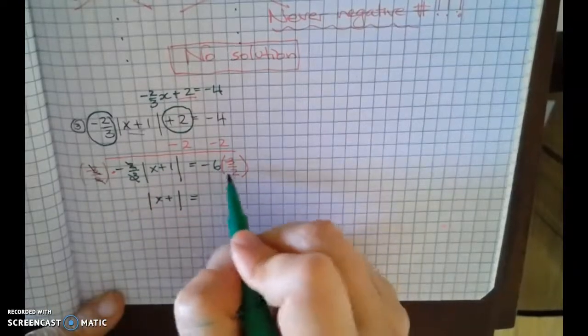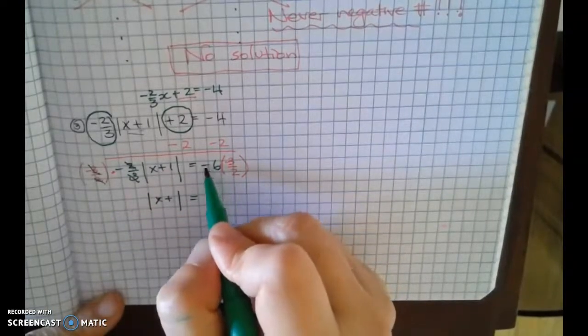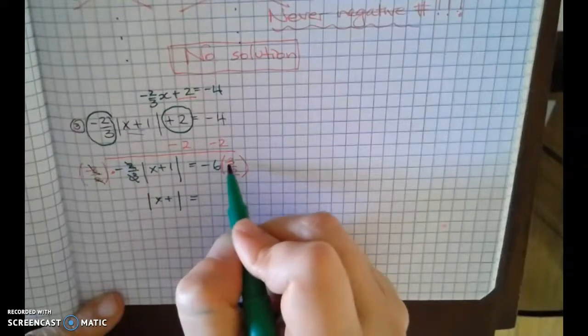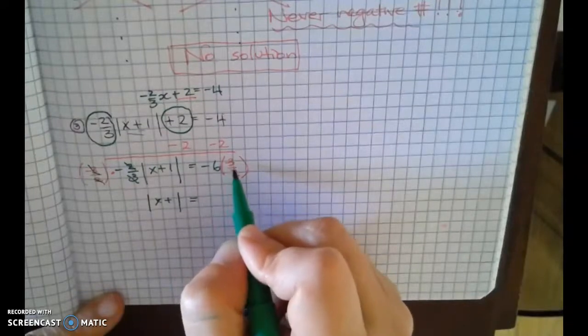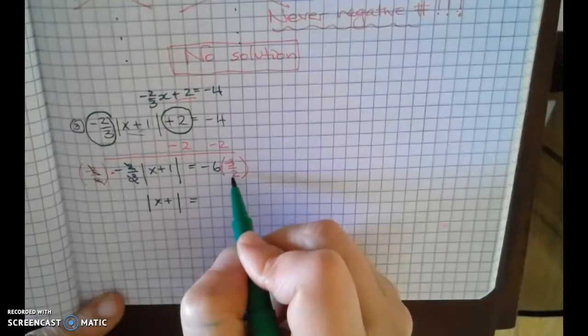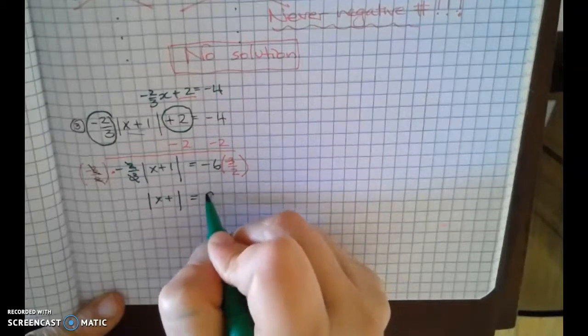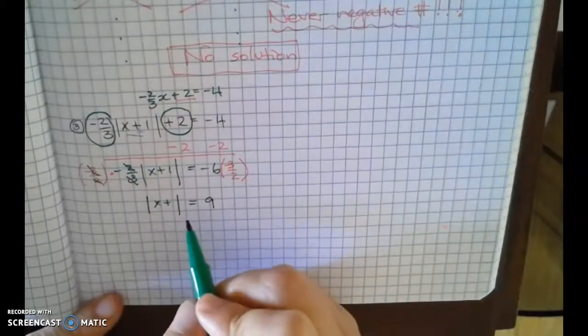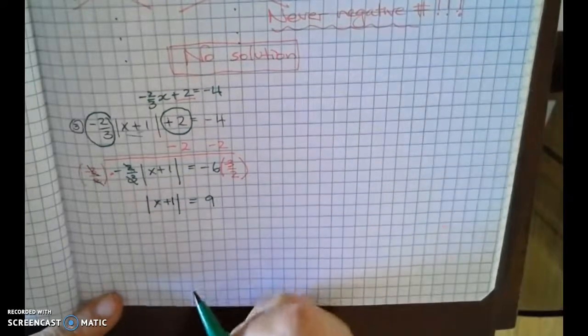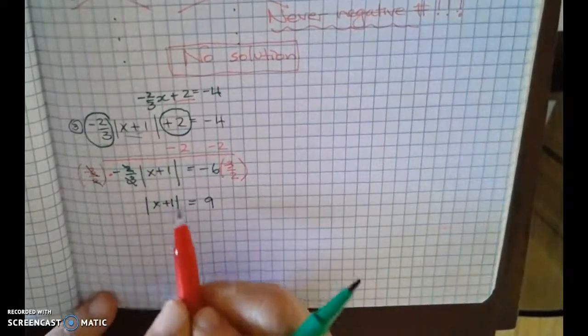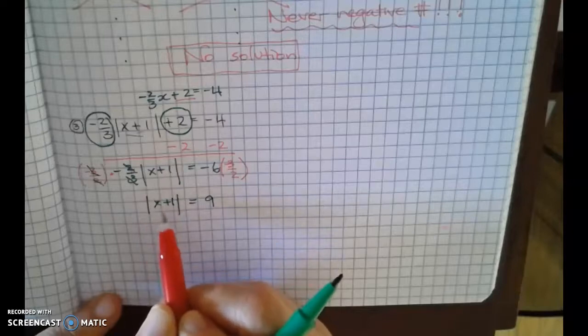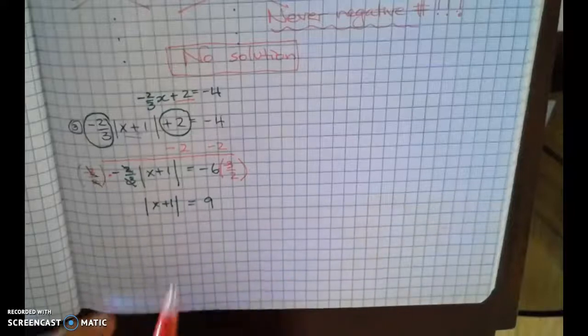Now we just need to simplify the right-hand side. What is negative 6 times negative 3? That's going to be positive 18, divided by 2. Positive 18 divided by 2 is just 9. So from here, oops, I lost my 1. Now that I've isolated my absolute value expression to one side, I can simply write my two equations.